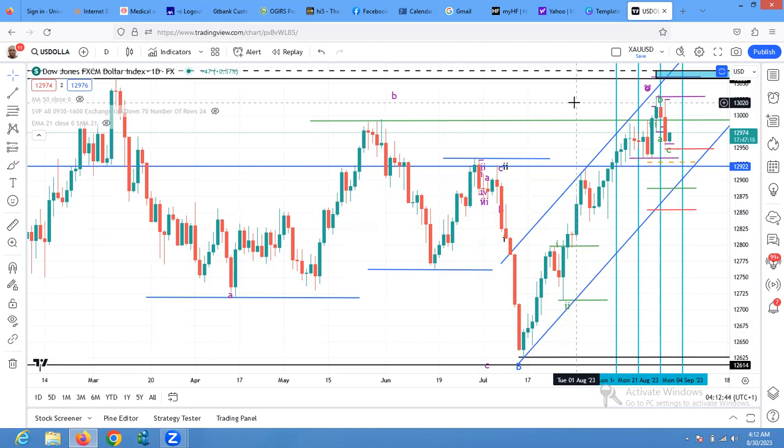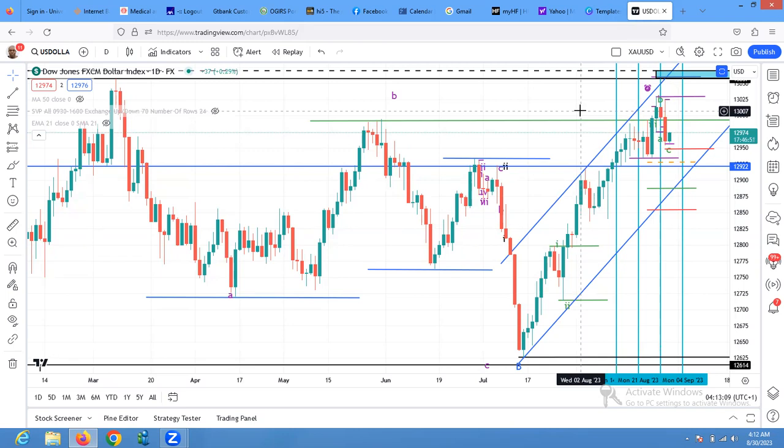In terms of an ending diagonal, do we have a completion of the wave here? An ending diagonal is going to be in 5 waves. Is it completed? That is the question. So let me go inside and look at this that we call an ending diagonal.